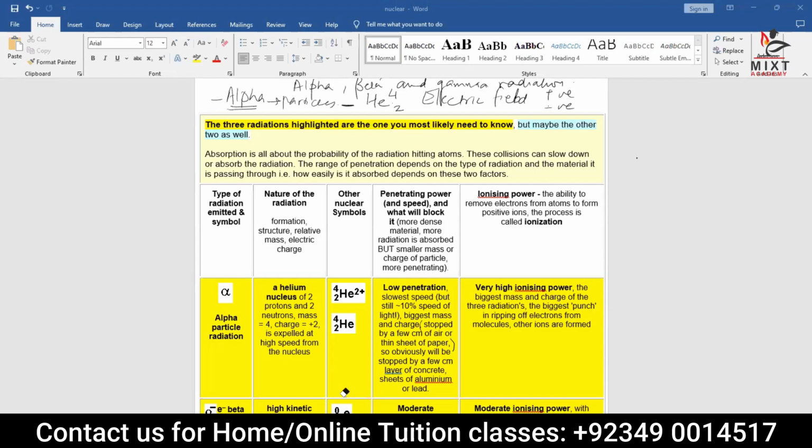I just saw 6. So these are the 6 points for alpha, and there will be 6 points for beta and gamma as well, but definitely different. Now put a heading: beta radiations or beta particles.